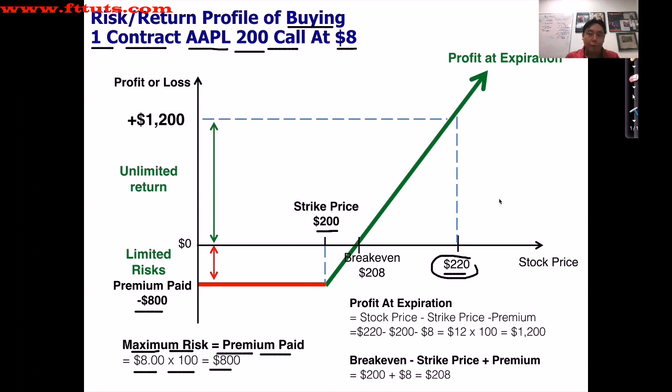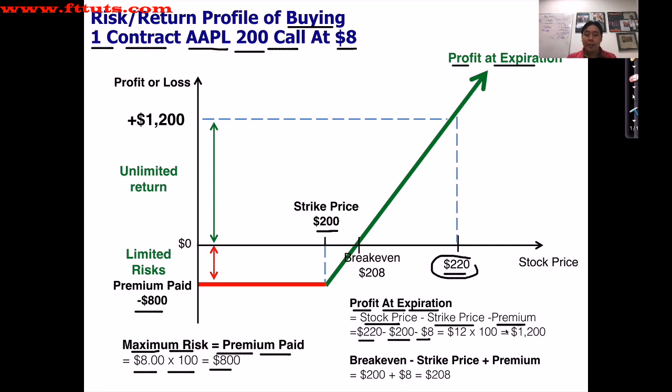The profit at expiration, as you can see over here, would be the stock price minus the strike price. So if the stock price becomes 220 minus the strike price of 200, that's $20. So our options have a $20 intrinsic value. But we paid $8 for it, so we have to deduct the cost of buying the option, which is the premium.